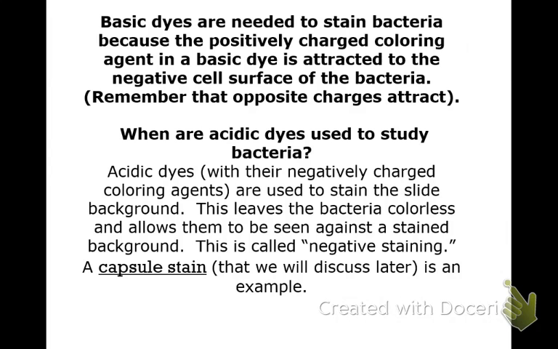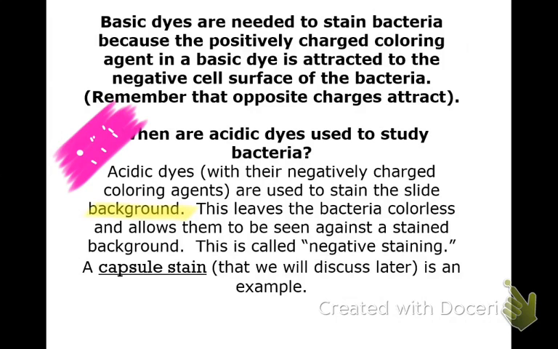The basic dye is for the bacteria, and so we went over that. Acidic dyes are used when the bacteria won't stain, and so acidic dyes are used to stain the background. And so it would look like this. So we'd stain the background pink, and then the bacteria would be white. And so that's not what you saw in class.